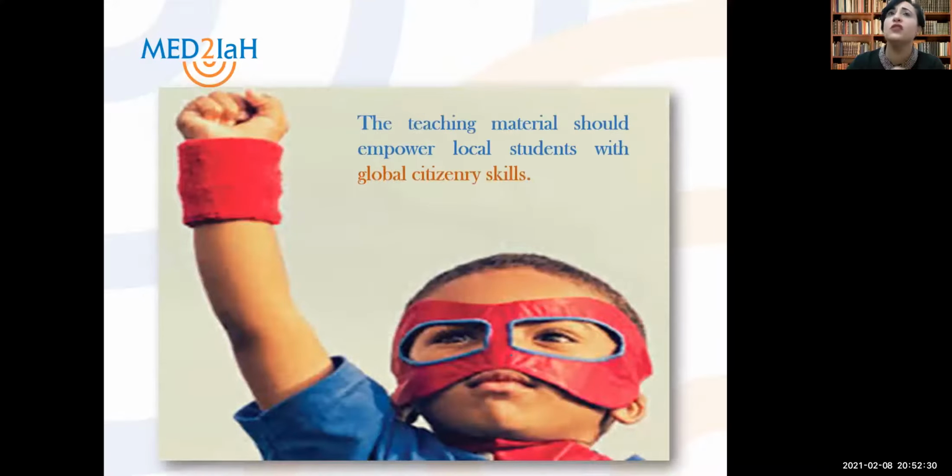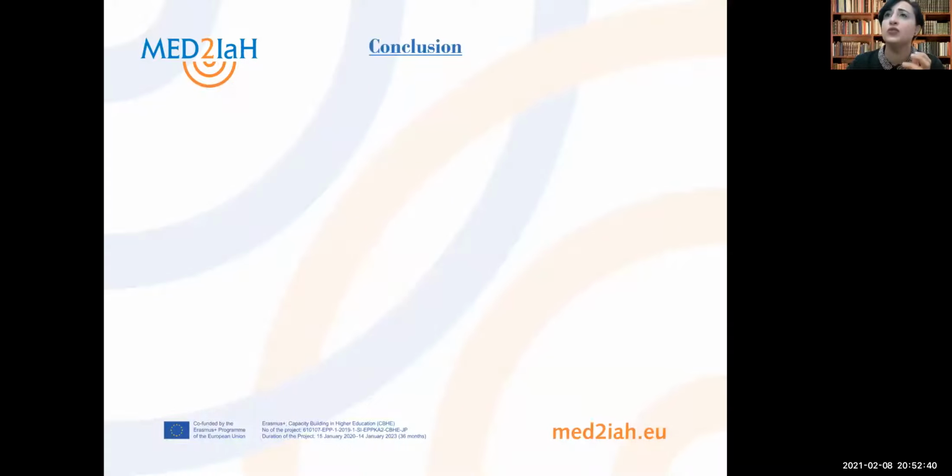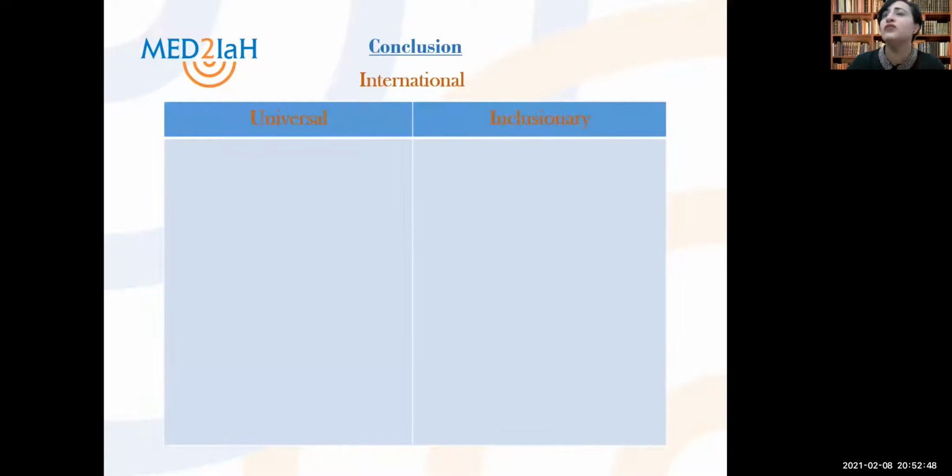And of course, the teaching material should empower local students with global citizenry skills. One of these skills is the intercultural communicative competence. Now, as a conclusion, according to our understanding of international, we adopt different requirements.